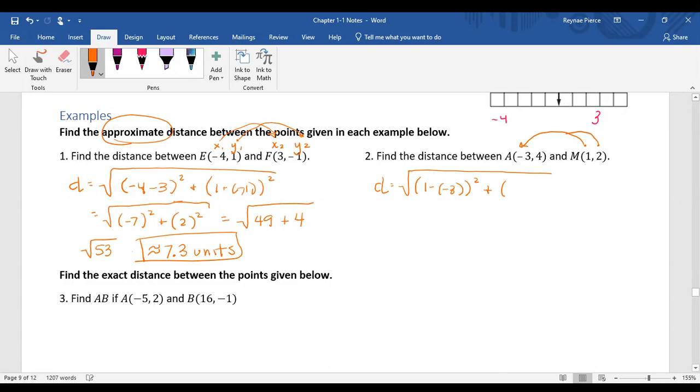And then the difference of our y's, we're going to go the same direction. 2 minus 4. 1 minus -3 is a positive 4. 2 minus 4 is a negative 2. 4 squared is 16. -2 squared is 4. The exact answer would be the square root of 20, but the decimal approximation would make our approximate answer 4.5.